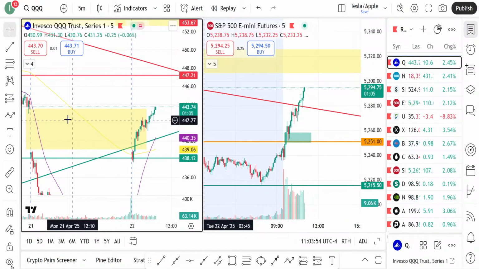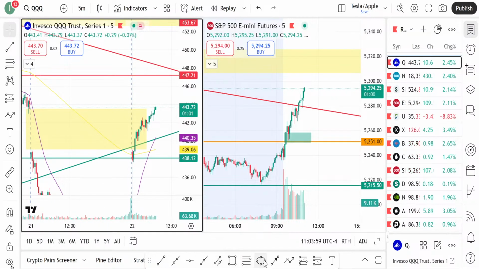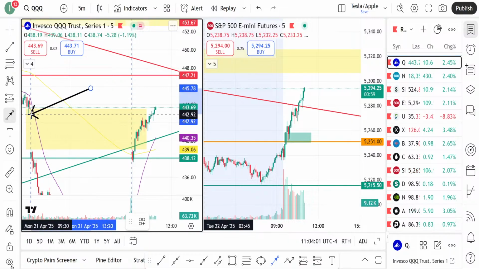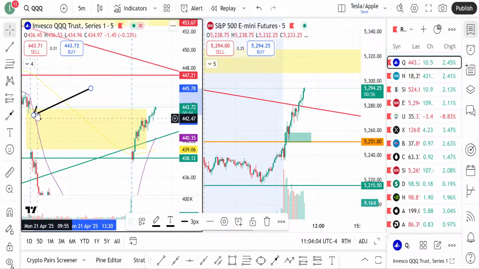No, we actually filled the gap on QQQ right here. I had a gap, we filled this gap.